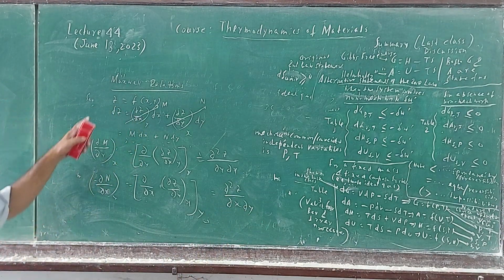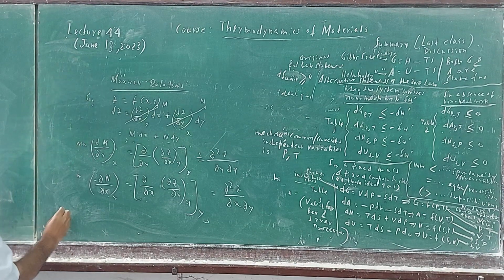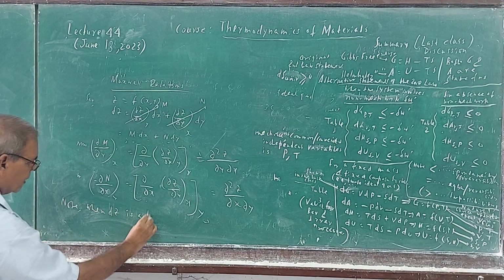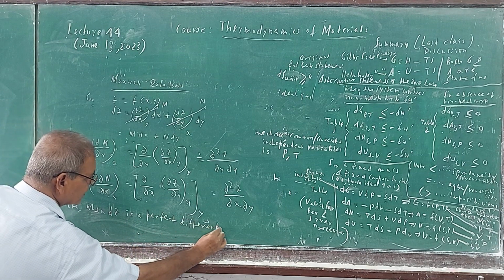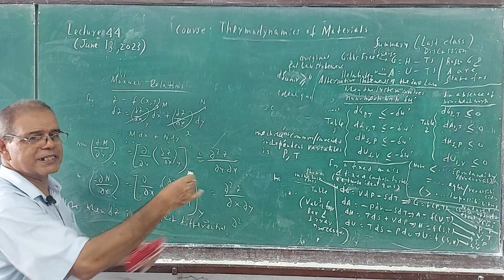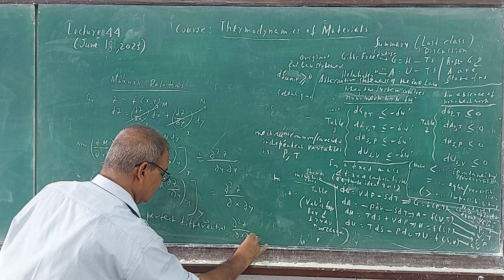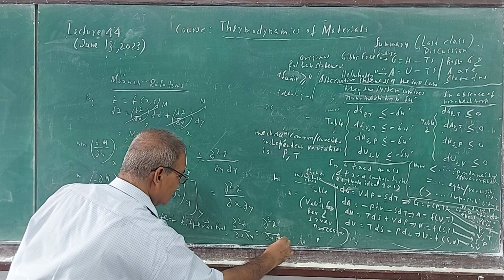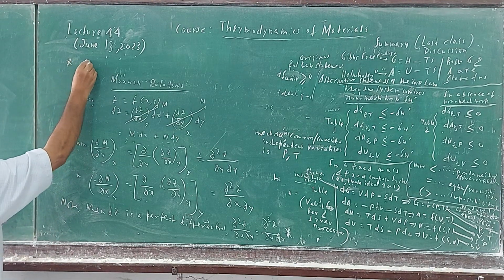You know that when dz is a perfect differential, these two are the same. The order of differentiation will not affect: del square z by del x del y is del square z by del y del x. Hence write star.